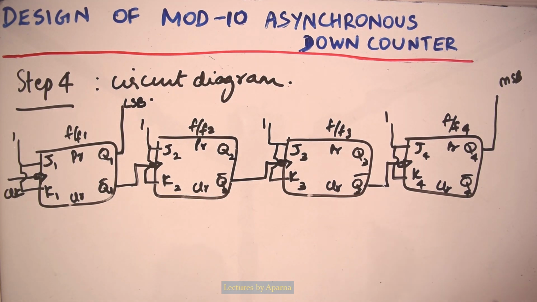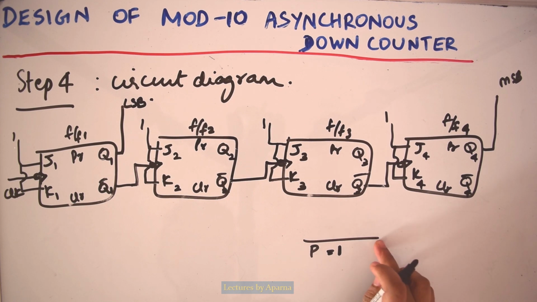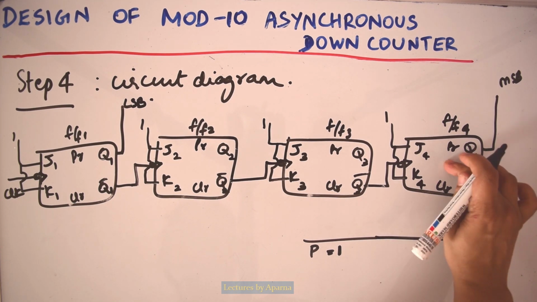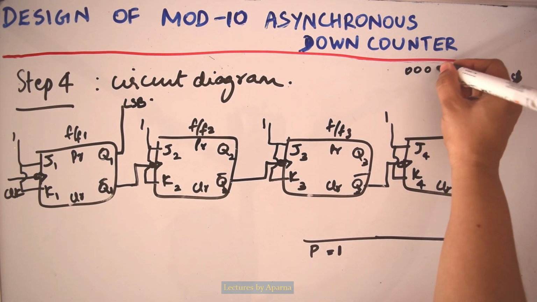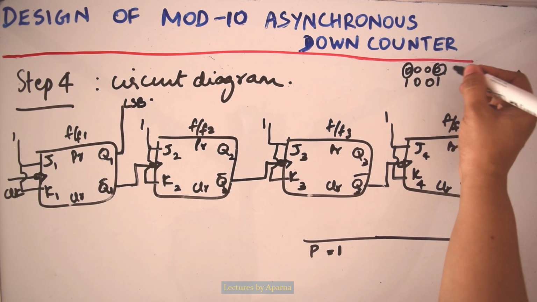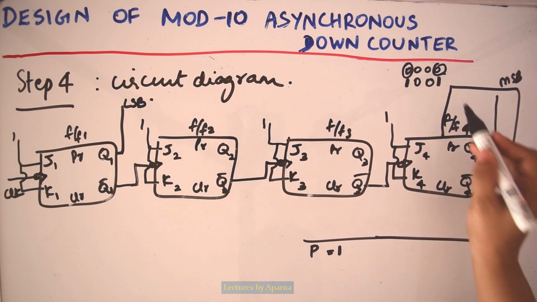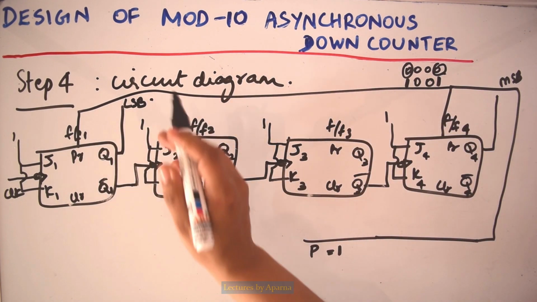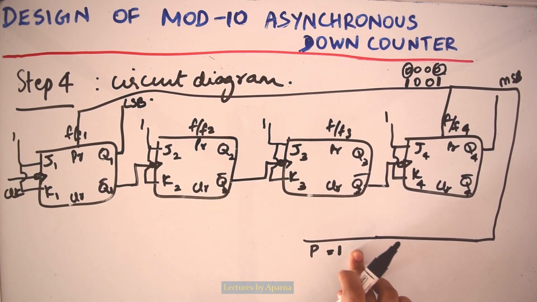So it is said that when a preset signal is coming from here and when it is 1, it should make this flip-flop and this flip-flop 1, because the count is going from 0, 0, 0, 0 to 1, 0, 0, 1. So this count and this flip-flop should be set to 1. So this preset signal is given to this flip-flop and also this flip-flop, that is flip-flop 1 and flip-flop 4. This preset signal will be connected.